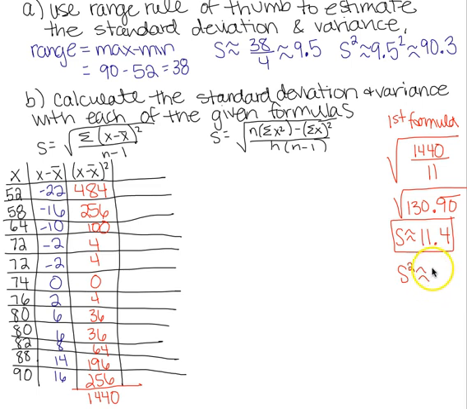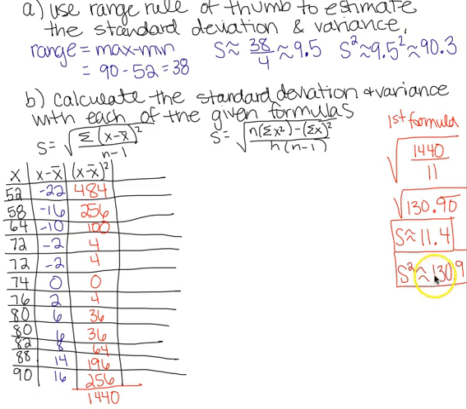Now, sometimes it might be the same thing, but sometimes it might change it, which this should make sense that it's 130.9 because the squared and the square root should undo each other. So using the first formula, this is my sample standard deviation, and this is my sample variance.